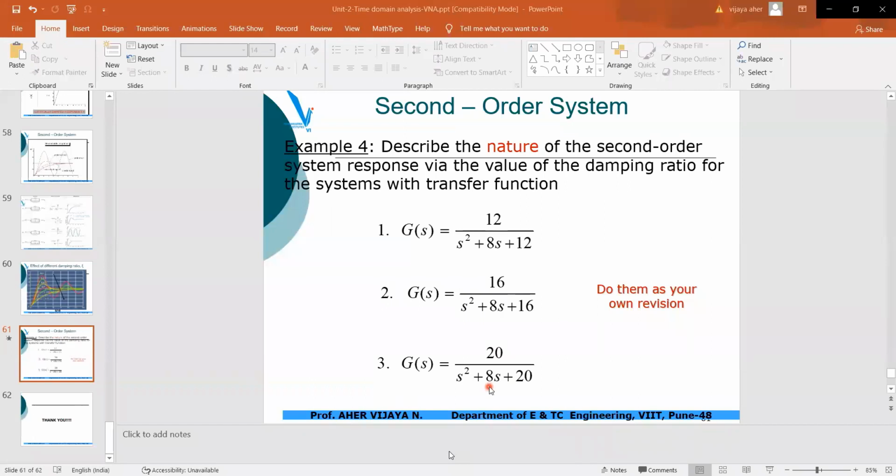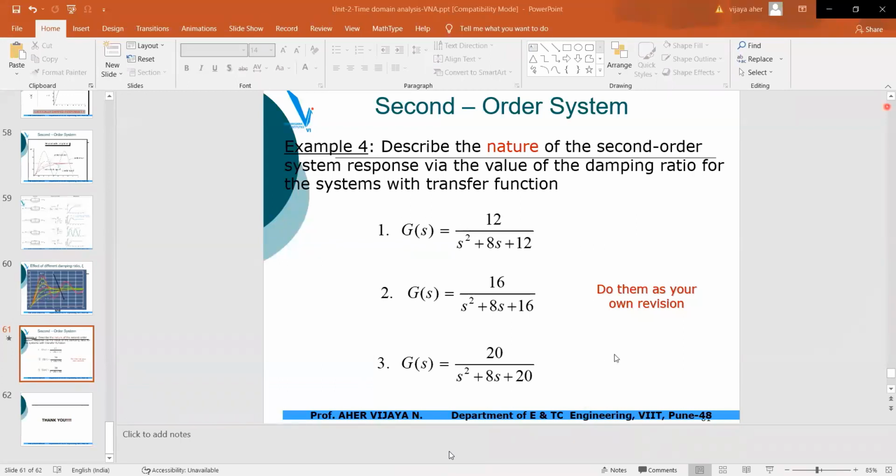Assume input is unit step input. Unit step input. Okay. So example solve करायचे तुम्हाला, and this is nothing but assignment number 2. Solve these 3 numerical and you are going to scan and submit in the Google Classroom.